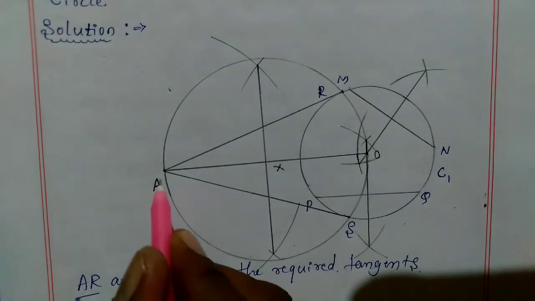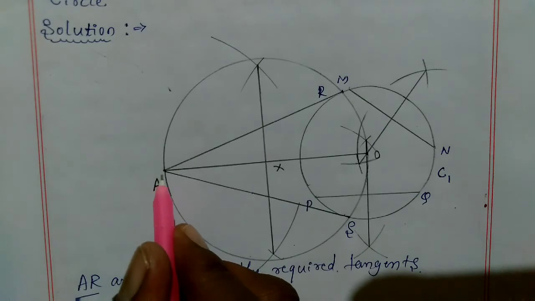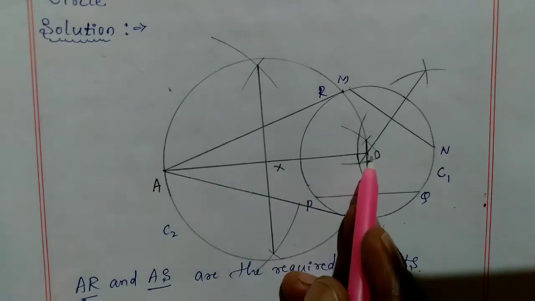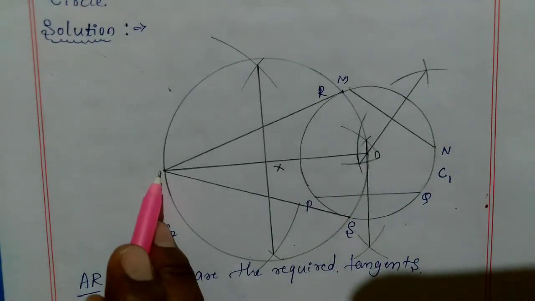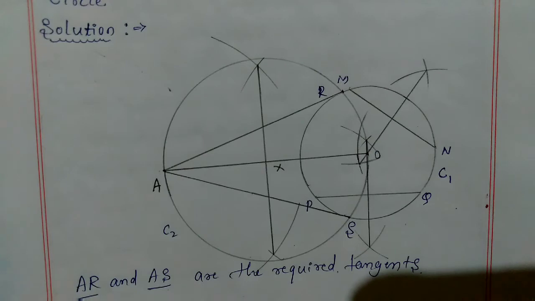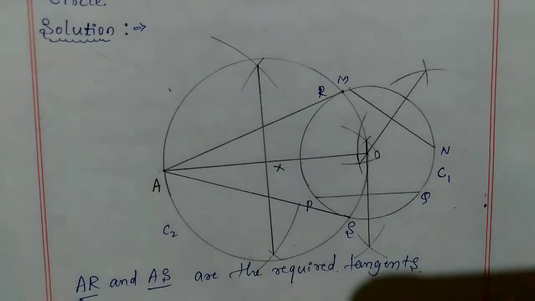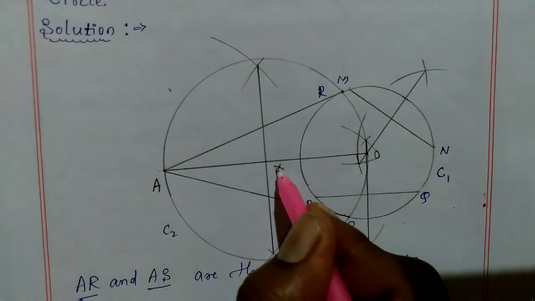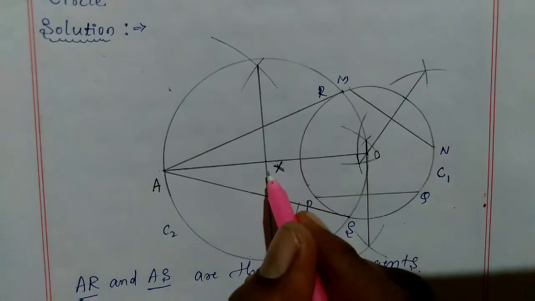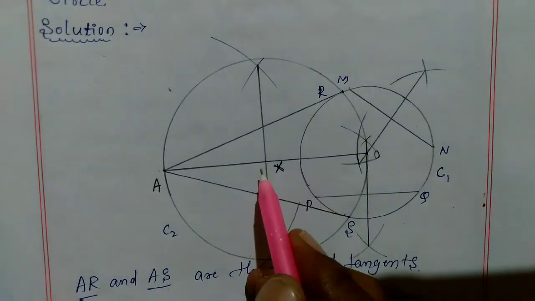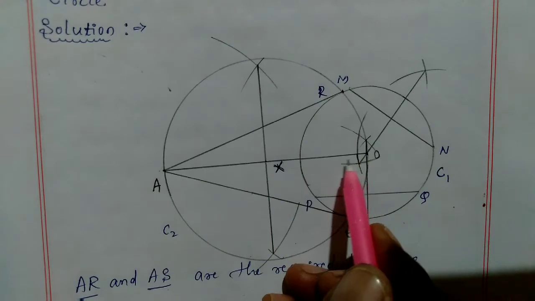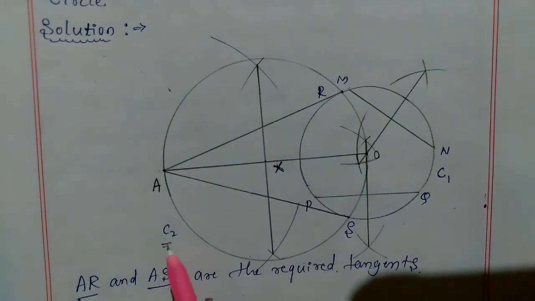After that you can locate one point outside the circle, and call this A. After that you can join AO. Next you can bisect the AO line. With the help of a compass, keep on A point and take more than half, and bisect it. Then this line bisects AO at X. After that, taking X as center and AX or XO as radius, you can draw the C2 circle.